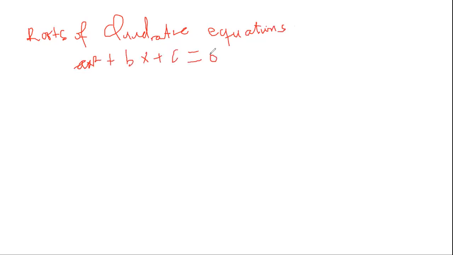And we said this equation is satisfied by two values of x. And these two values of x are the ones we call the roots of the quadratic equation. So after solving this quadratic equation and we obtain the two values, then those two values are known as the roots of the quadratic equation.